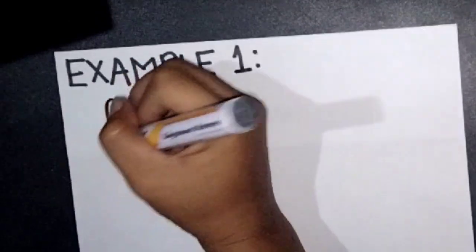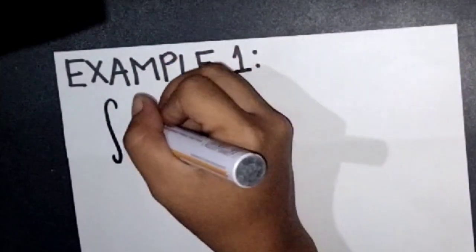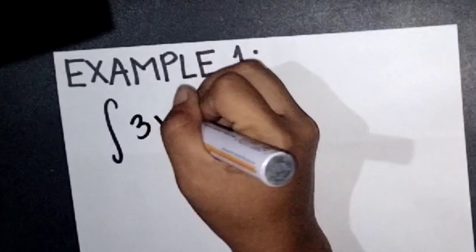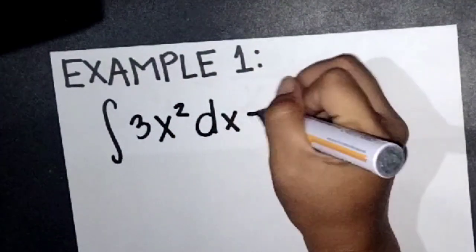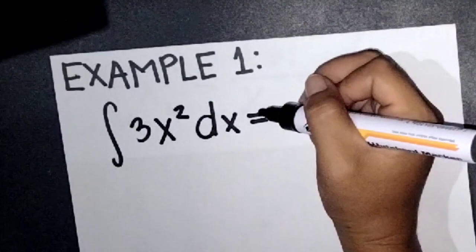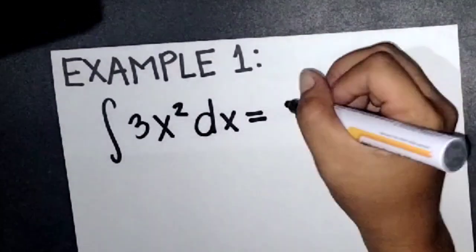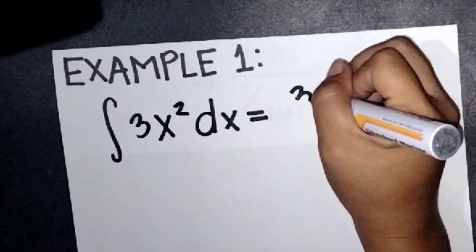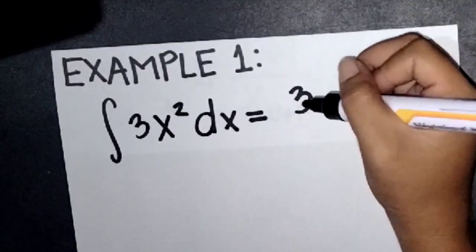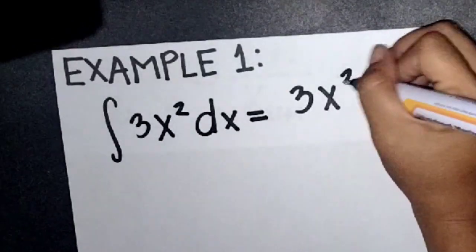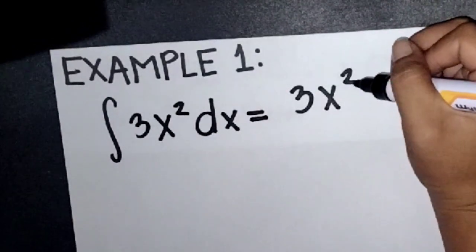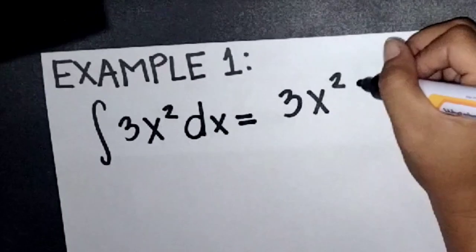Let's find the antiderivative of 3x squared. So let's rewrite the constant. And now the variable raised to the constant, that's x squared plus 1.